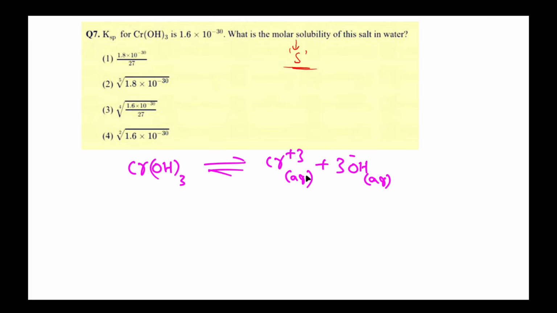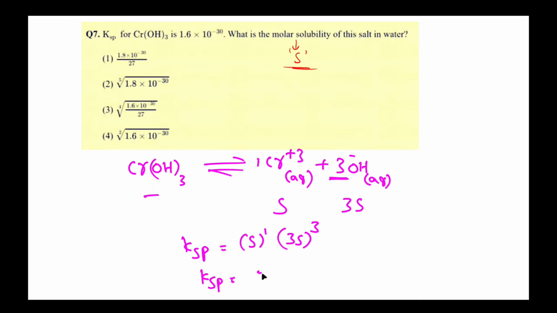So the solubility of these ions is, this is S, this is 3S. So from that, KSP is equal to S whole power 1, that is 3S whole power 3. So from that, KSP is equal to 27 S power 4.